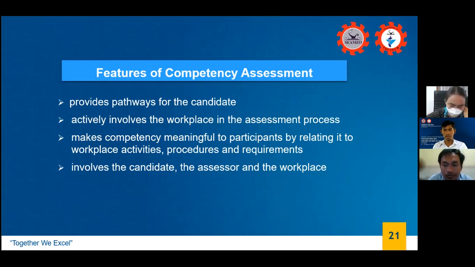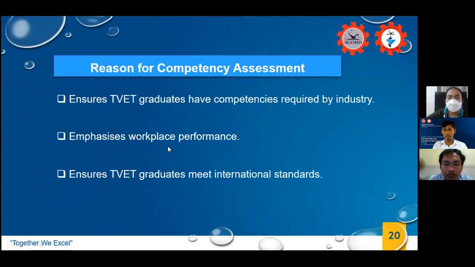It also makes competency meaningful to participants by relating it to workplace activities, procedures, and requirements. Here, it ensures TVET graduates have competencies required by industry, and also ensures that the graduates meet international standards.